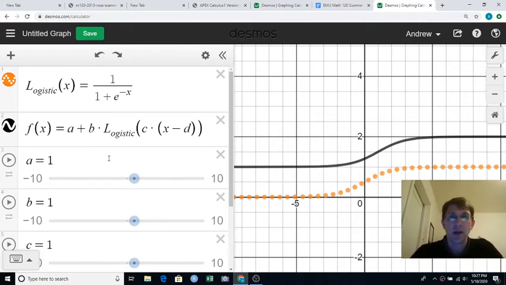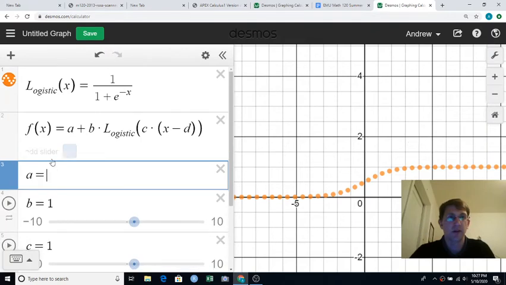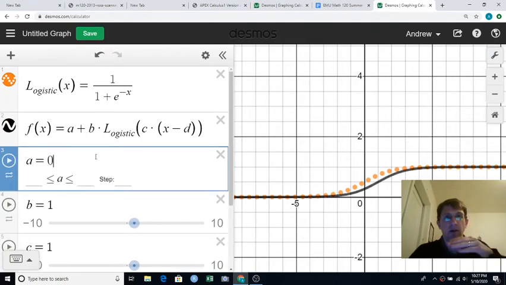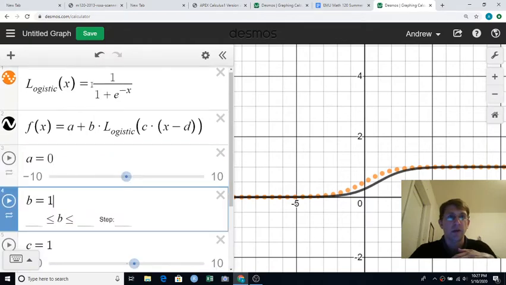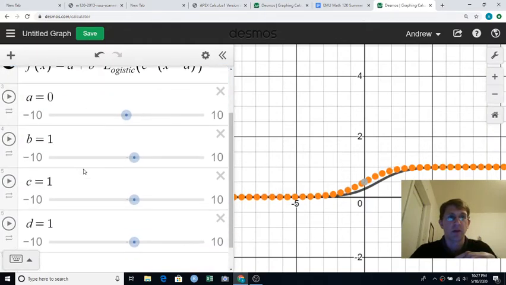That's handy sometimes. So here's our original function, and like we said, it's going through 0.5. Like here's y equals 1, here's y equals 2. So it goes through 0.5 at x equals 0. And if you look at what I have to do to this to get that function, that's setting a equal to 0, having a 0 vertical shift. B of 1, that makes sense because we're just multiplying by 1.